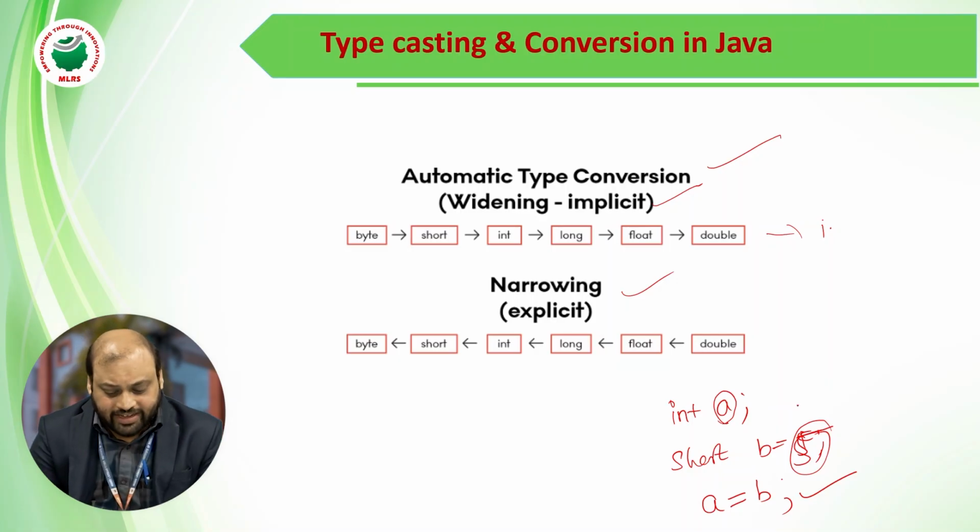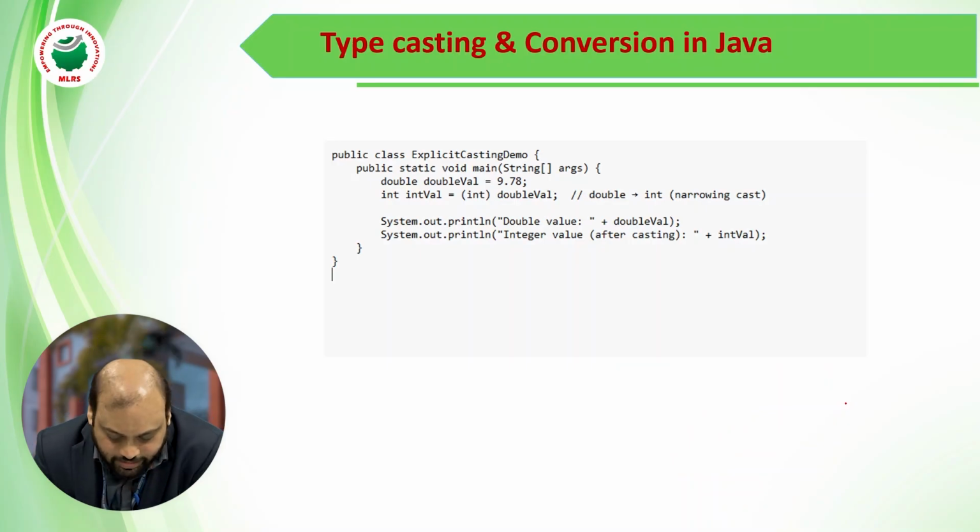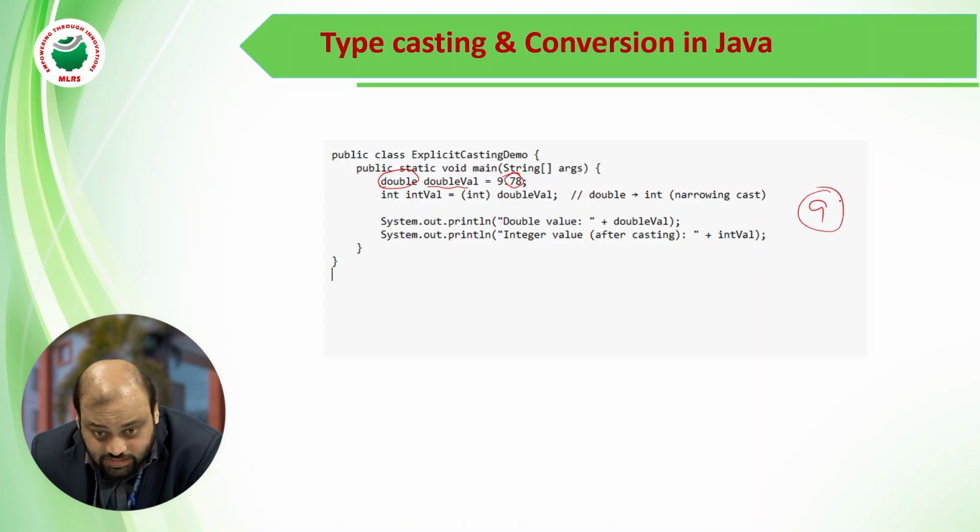And when coming to the next, explicit, we need to write explicitly. For example, you see here, I have a variable double value. What type of data type is it? It is a double data type. Now I don't want to print this 9.78, I want to print only 9, meaning 9 is integral.